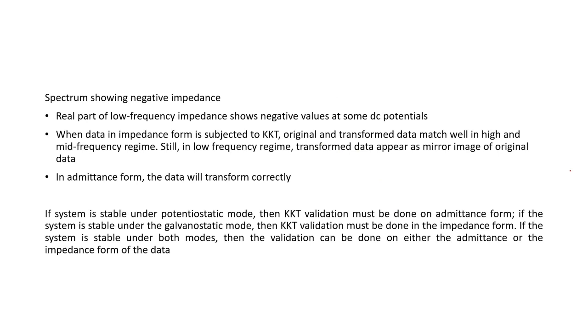Now the next thing, we came to a case where the spectrum is showing a negative impedance. This part is quite important. There are cases where, when I am doing Nyquist, at low frequency I am getting a negative value.